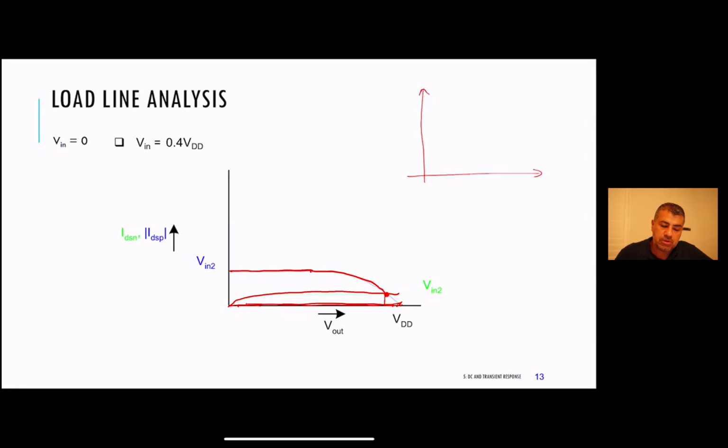So if I was going to do this, we started here. This is Vn, this is V out. When Vn was 0, V out was VDD. That was our first curve.